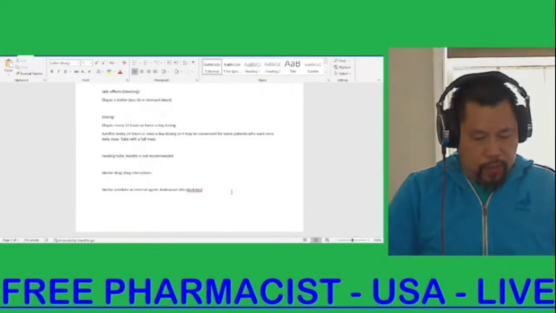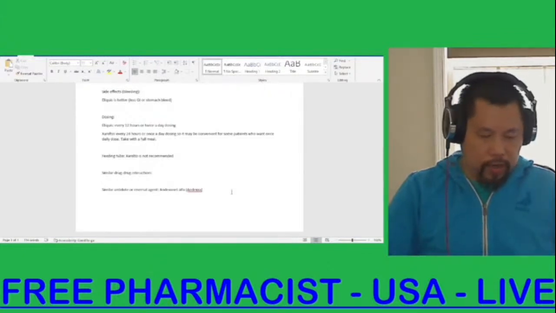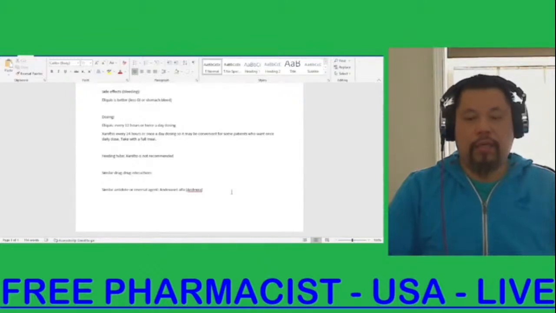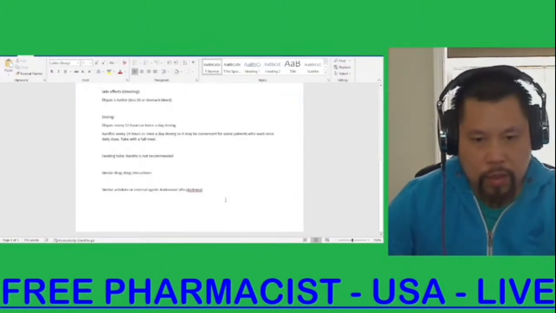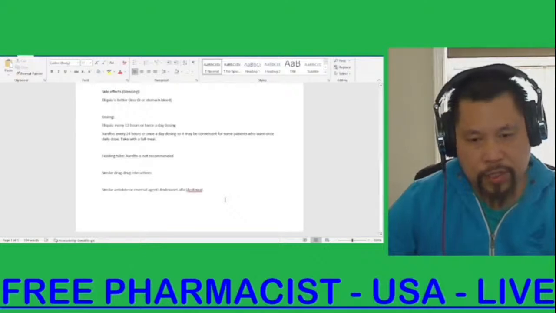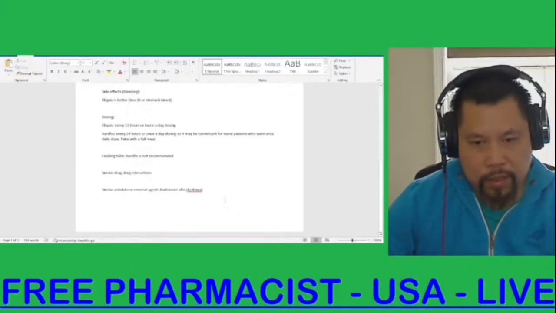So CYP3A4 inhibitor and P-gp substrate. They have similar antidote or reversal agent, the andexanet alfa, or Andexxa, the brand name.